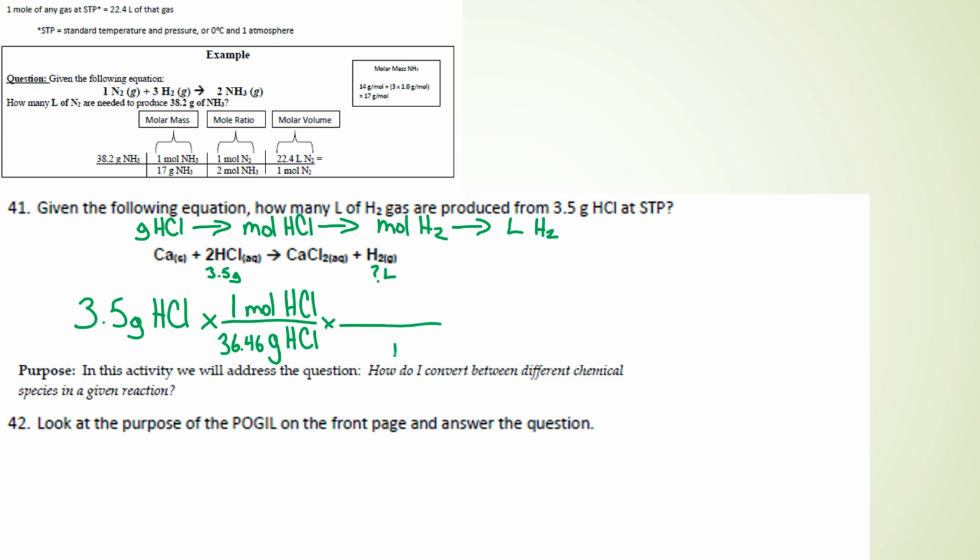Now I need to get rid of moles of HCl and get to moles of H2. Looking at my balanced equation, I have 1 mole of H2 for every 2 moles of HCl.